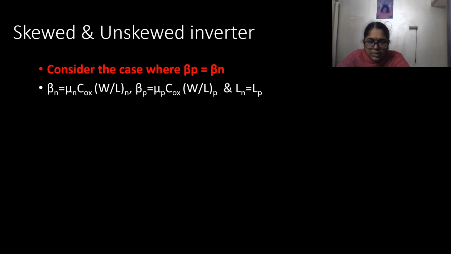So Ln is equal to Lp. Beta n is given by mu n Cox W by L of nMOS. Beta P is given by mu P Cox W by L of pMOS transistor.